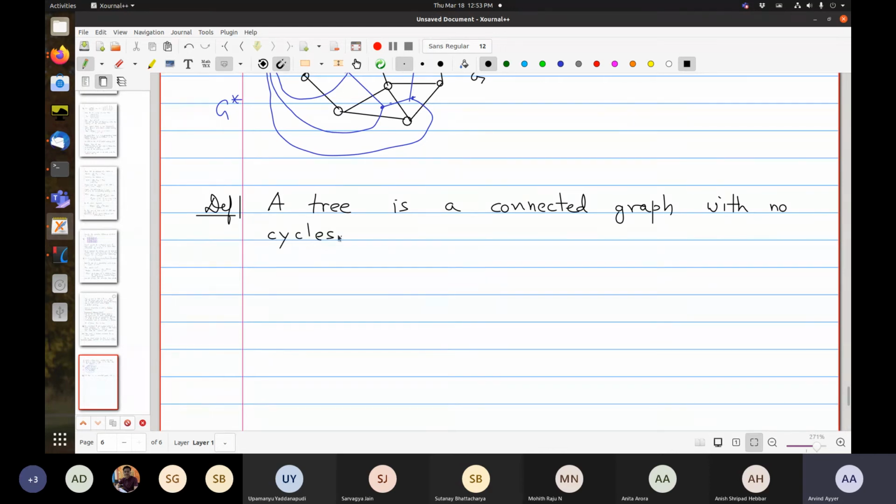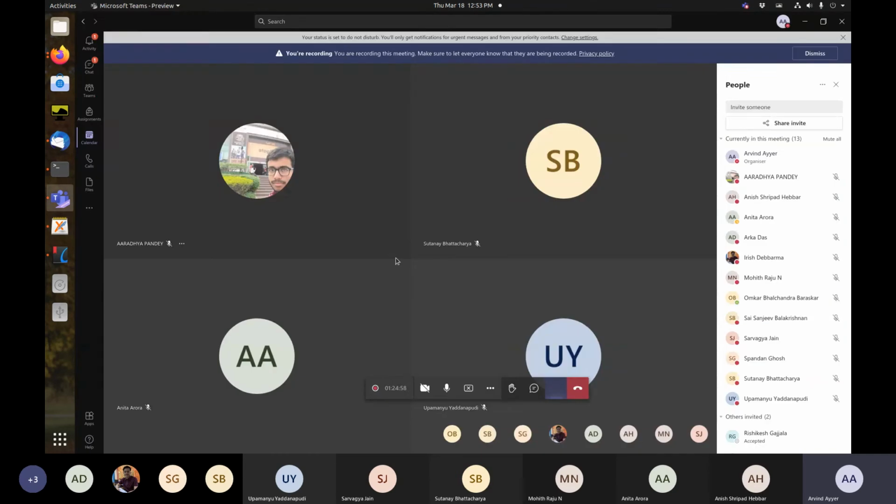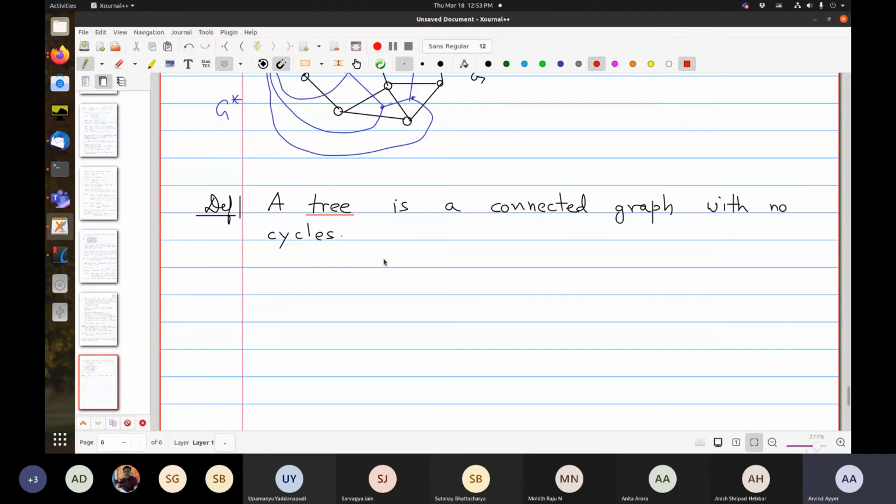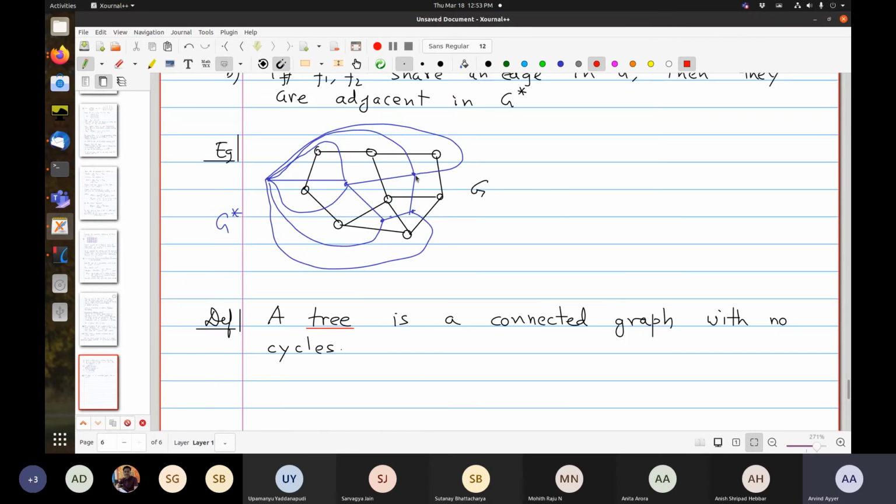No cycles or loops, if you like. You cannot find a path which goes all around and comes back home. I'm not being super precise because it'll take me half an hour just to define all the notions, and these are pretty standard. If you have any doubts, you can ask me. So a tree is a connected graph with no cycles, so this is obviously not a tree.